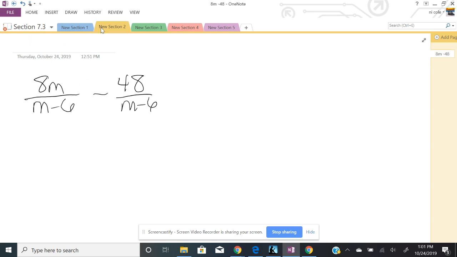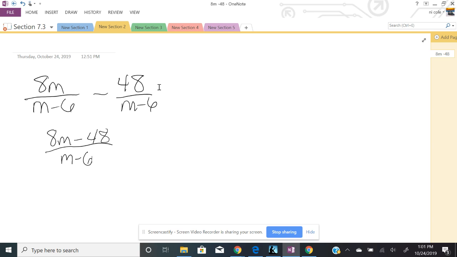All right, another example. You might have something that looks like this. So you can do 8m minus 48 over m minus 6. Okay, and that's literally doing that math. It says subtract, so we're going to do that. Okay, but here's our trick.